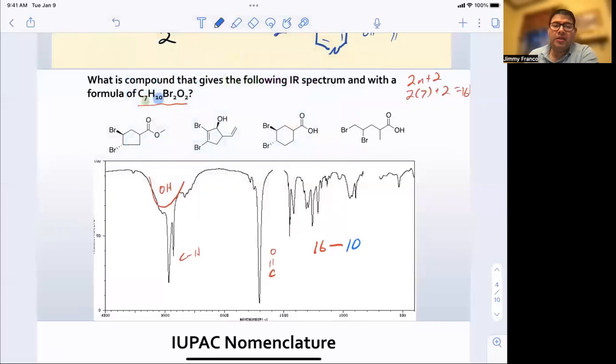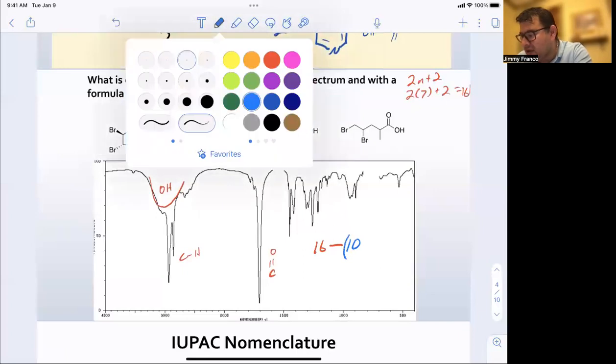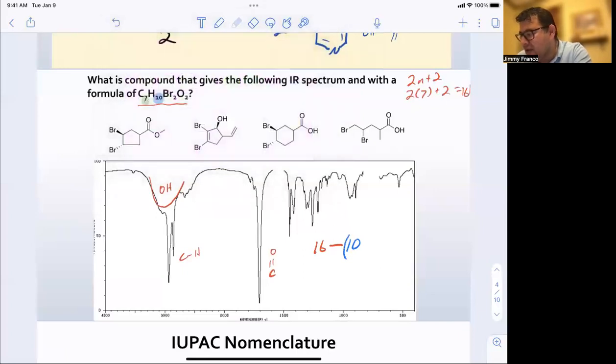Now this one we have halogens. And so if you remember, we're going to add the halogens, and I'll make these in different colors so hopefully it's easy to see where the numbers came from. So for each halogen, we add 1. And since we have 2 halogens, we'll add 2. And then remember with the oxygens, we do nothing. So we'll close our parentheses.